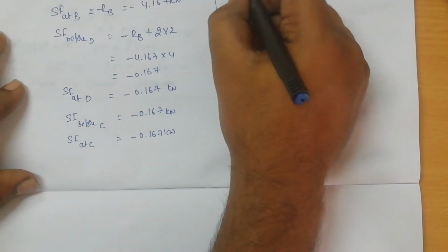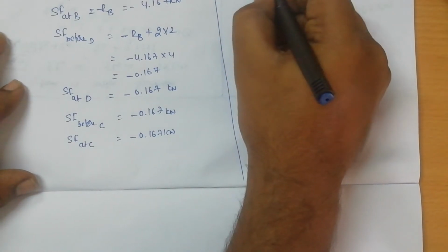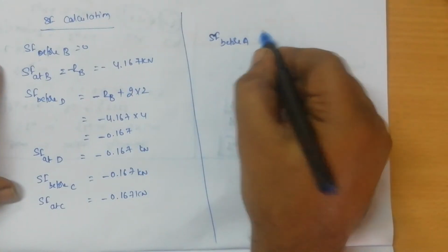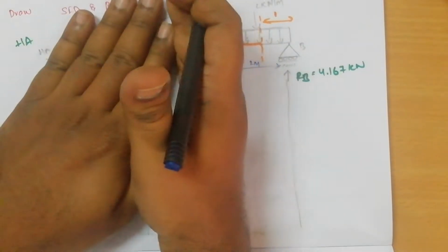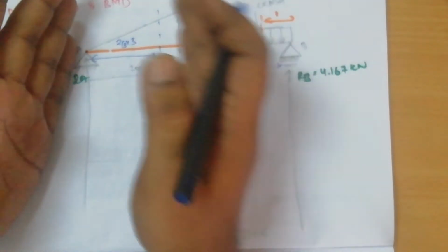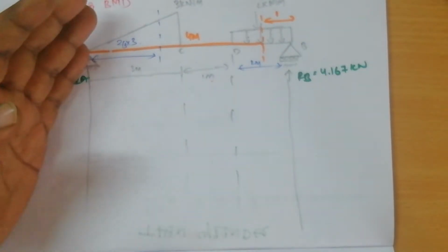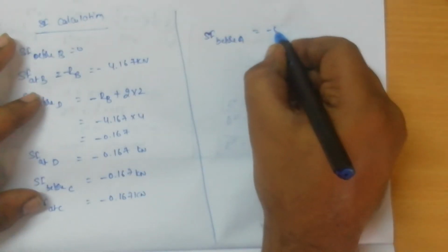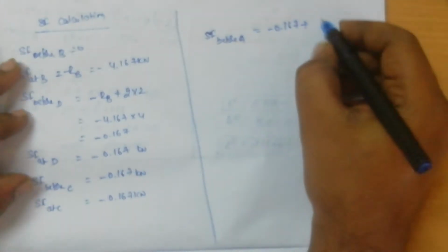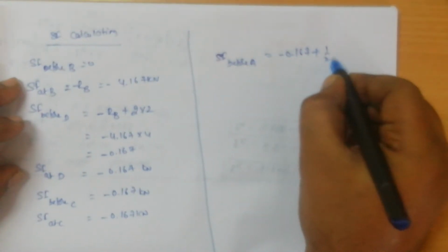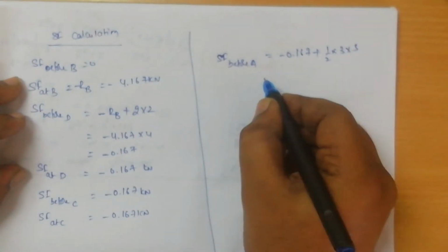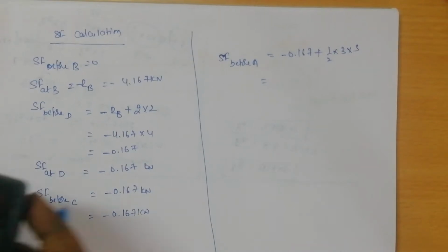Next is shear force before A point. So when I say before A point, already we have calculated till C point. So before C means C already calculated. From here we have to add extra. So minus 0.167 plus, okay, half into base into height. So let us calculate this value.